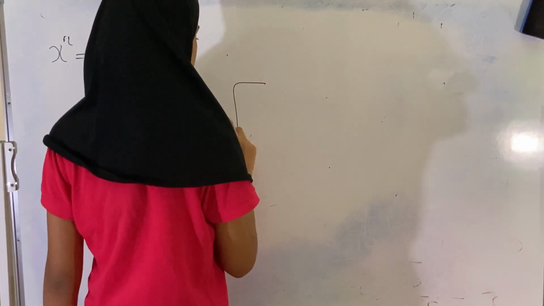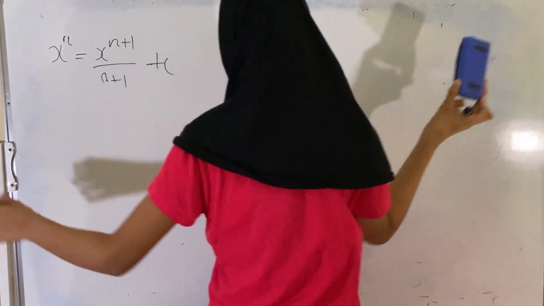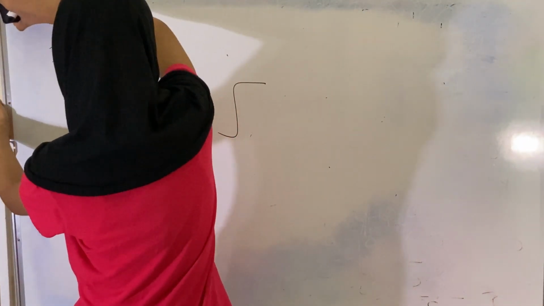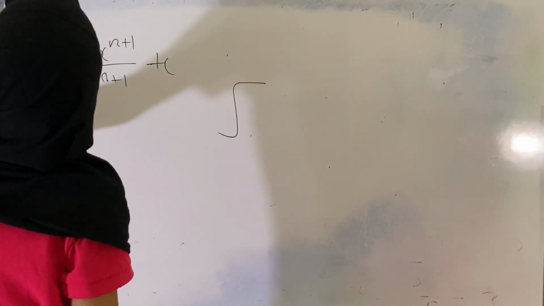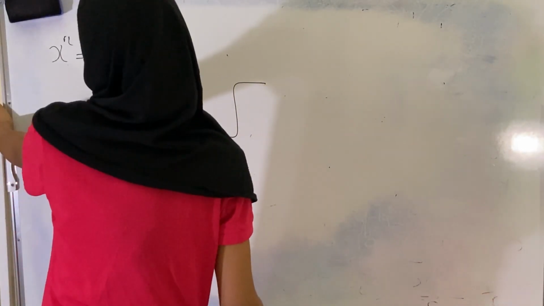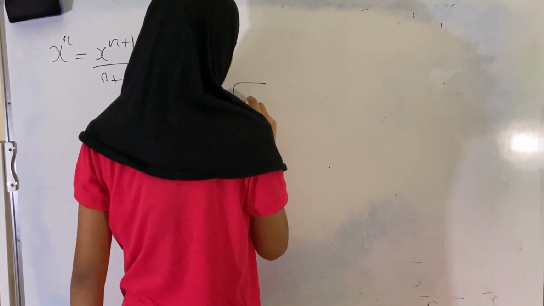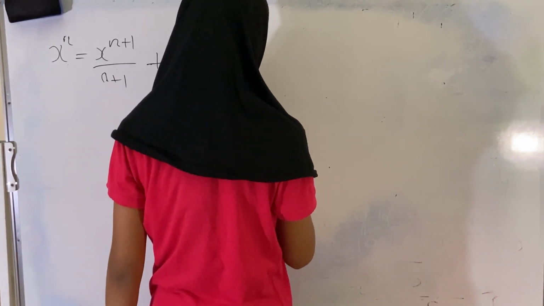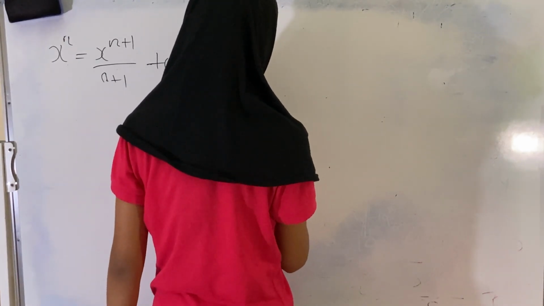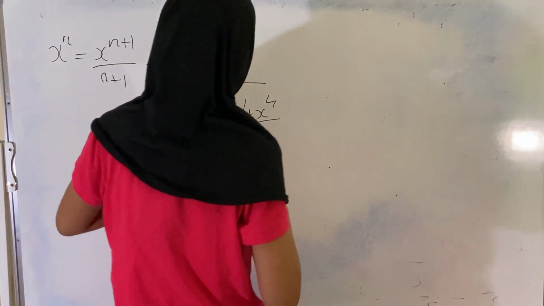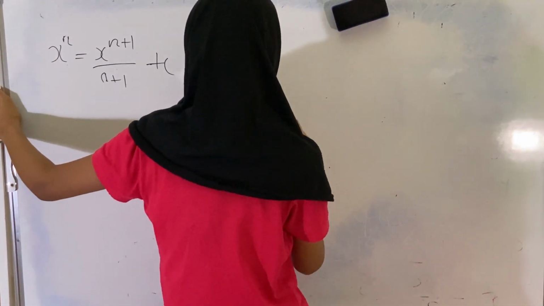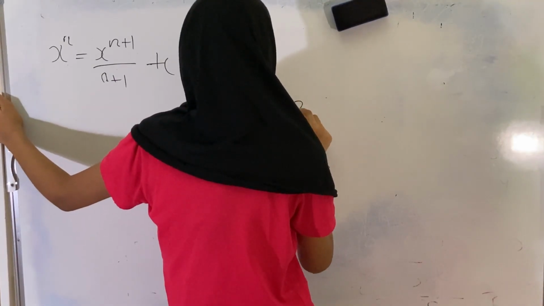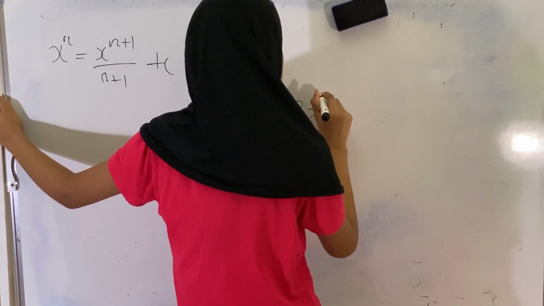The next question is 4x raised to 4 minus 3x raised to 3.